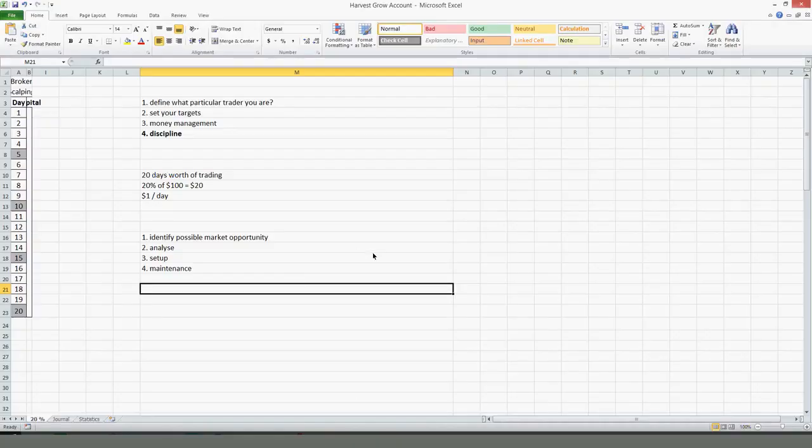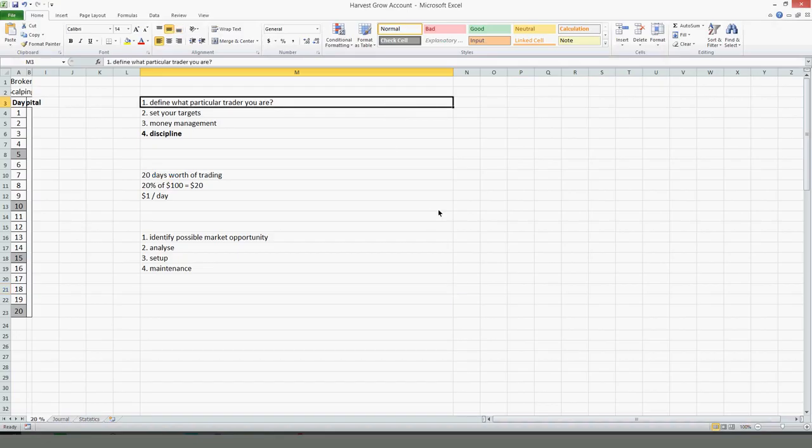So usually I just make it four simple steps, the things that you need to prepare yourself before you even start trading. Obviously the first thing is to make sure that you have already identified what particular trader you are.